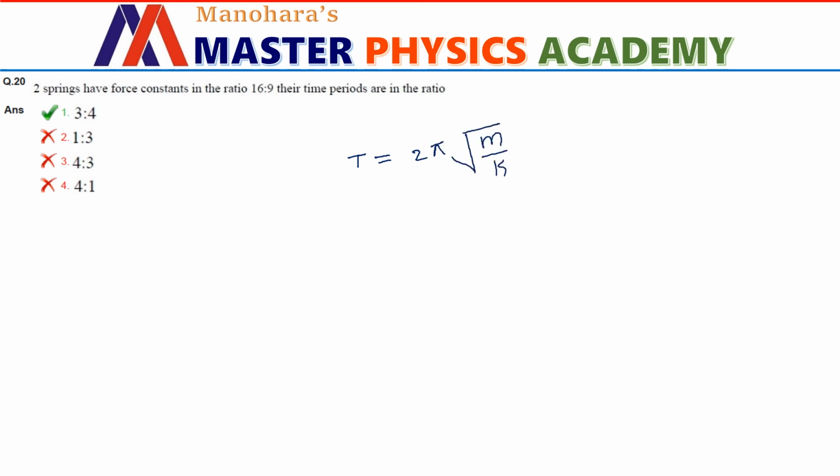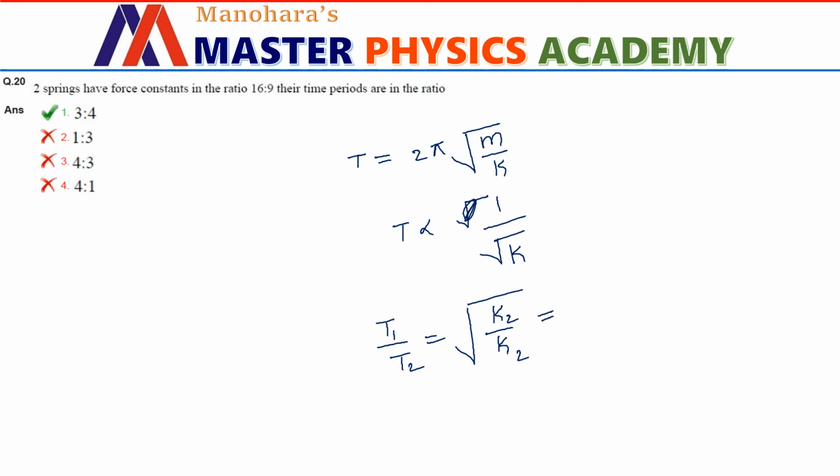That means time period is inversely proportional to square root of the force constant or the spring constant. So we need to take the ratio here. So T1 by T2 will be equal to root of K2 divided by K1, since that is inversely proportional to square root of the spring constant.